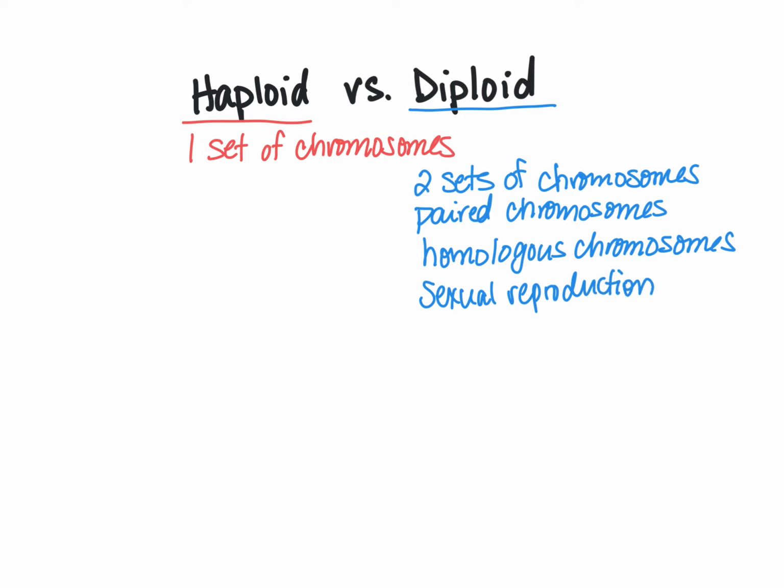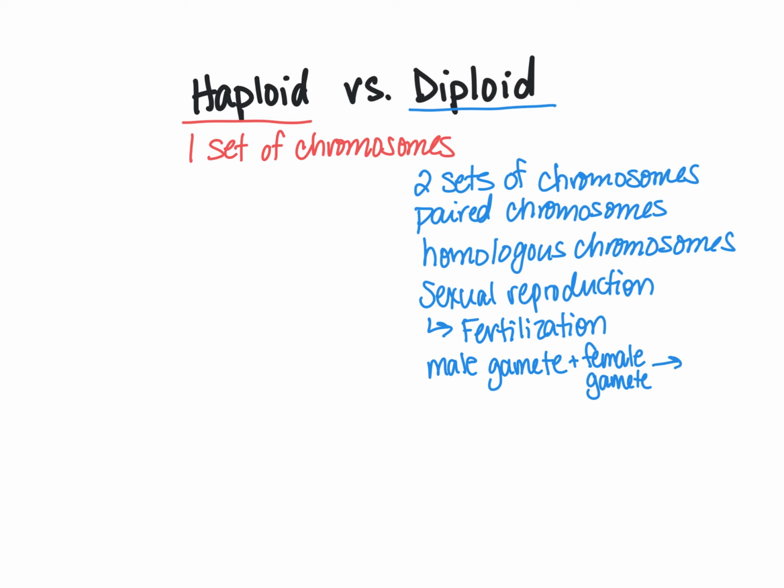So during fertilization, a male gamete fuses with a female gamete, and it forms a diploid zygote. Now, each of the gametes is haploid, but the zygote is diploid.